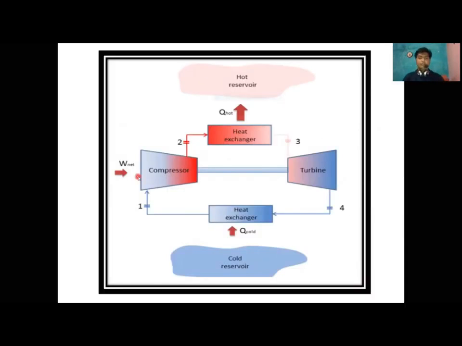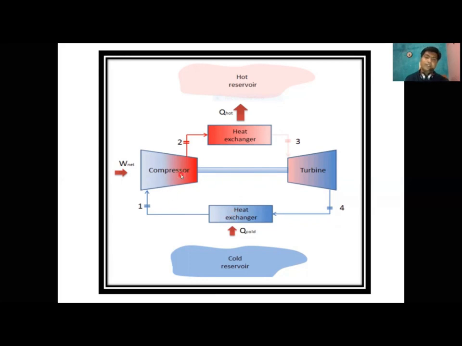Here I show the diagram of the Bell-Coleman cycle. Four components are used: a heat exchanger, a compressor, a second heat exchanger, and a turbine. In the first heat exchanger, heat is absorbed from the cold reservoir, the cold place you want to keep cold. It is like an evaporator, but it is not an evaporator; it is one type of heat exchanger.